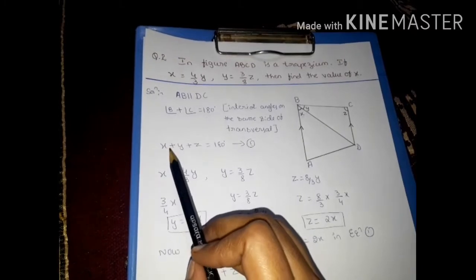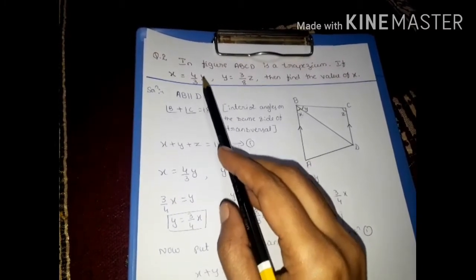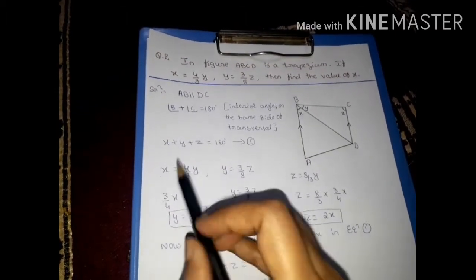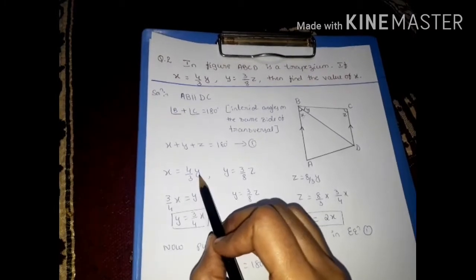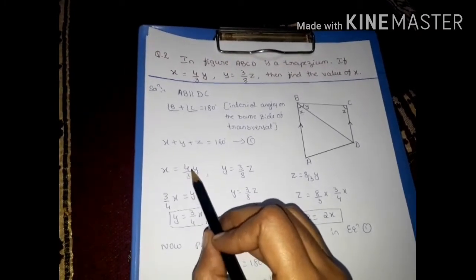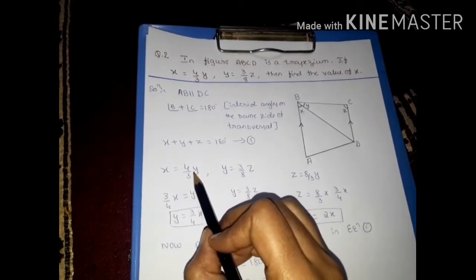So to make 1 unknown, from x equals 4 by 3y, find the y value. Y equals, here x equals 4 by 3y is there. We only need y, so keep y here. Then 4 by 3, when you take it to the LHS side, becomes reciprocal because here it is multiplied.